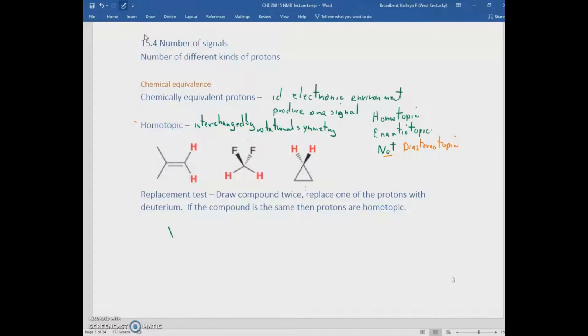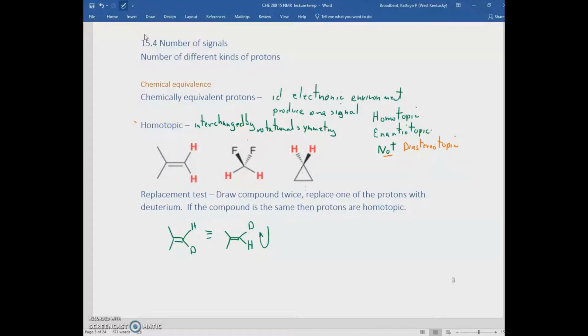We draw the compound twice, and replace one of the protons with deuterium each time. If the compounds are the same, they're homotopic. So if you rotate this compound, it's the same as that. These are the same, and so that is a homotopic compound.